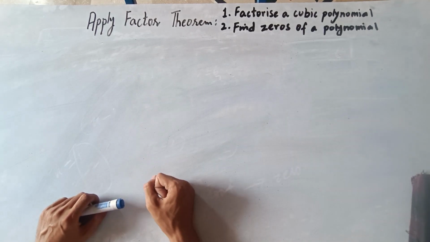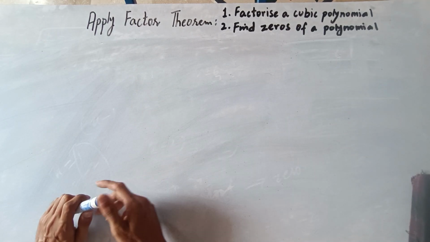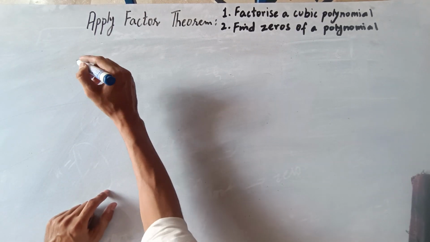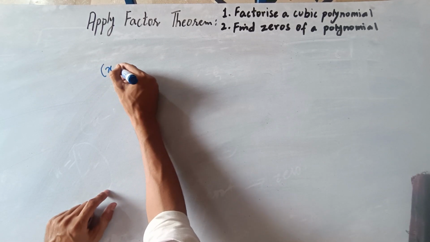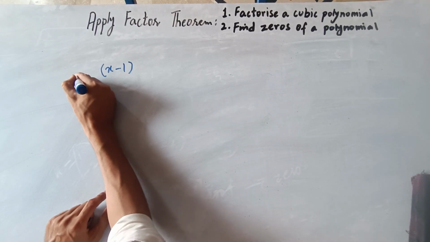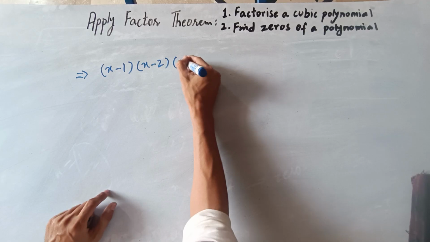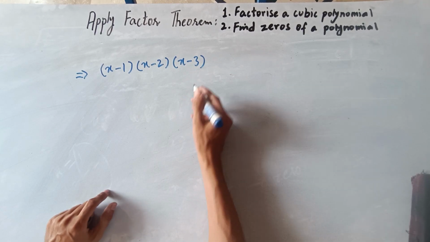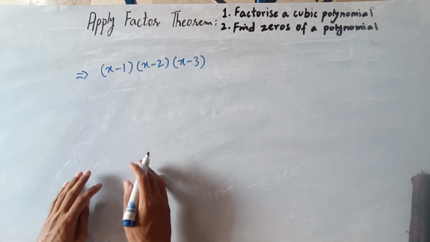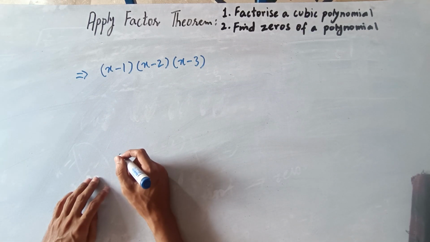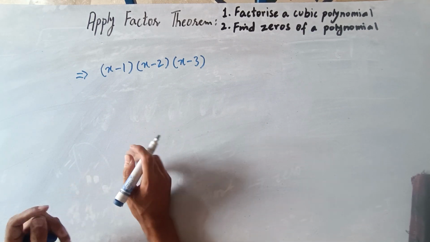In the previous question in which we factorized a cubic polynomial, the factors of the given polynomial were x minus 1, x minus 2 and x minus 3. Now by using these factors, we can find the zeros of the same polynomial.